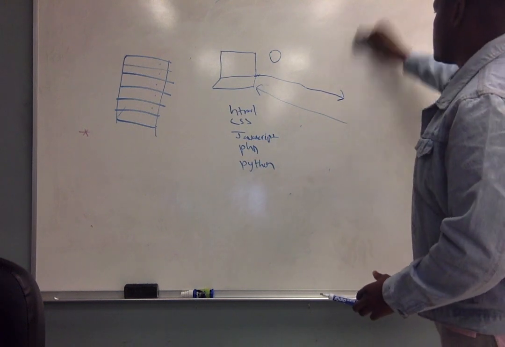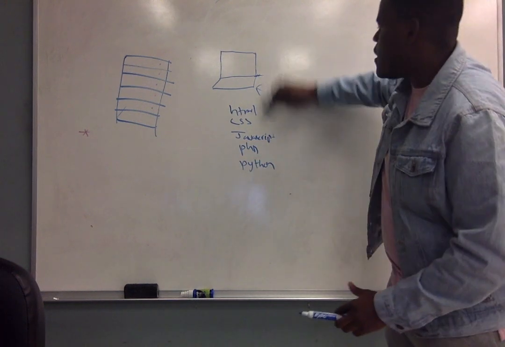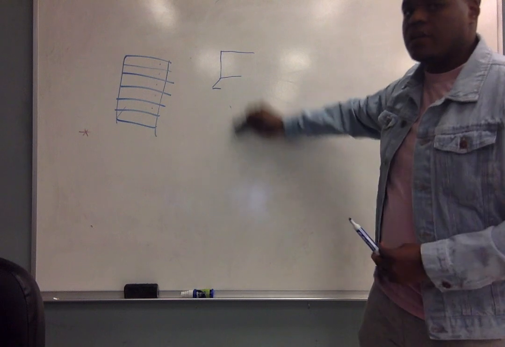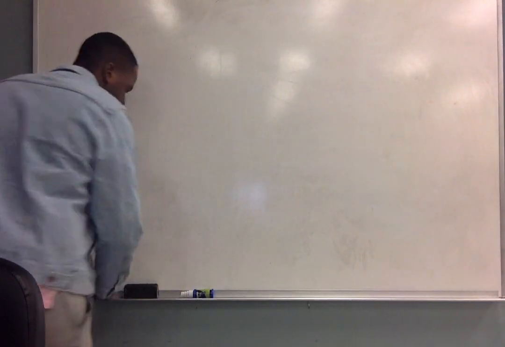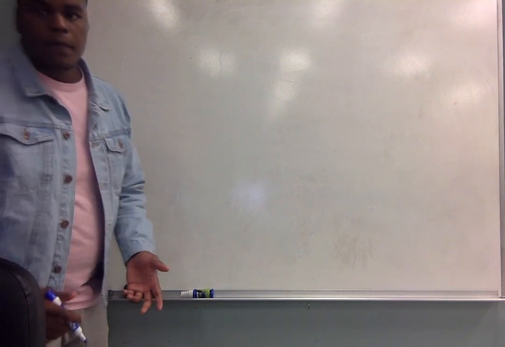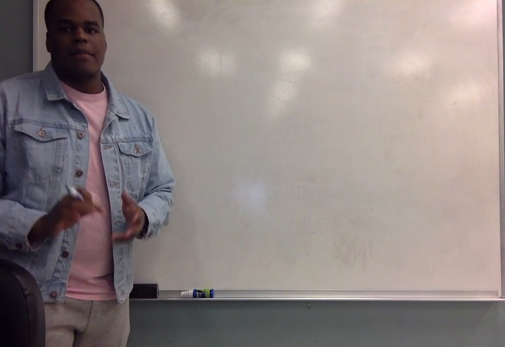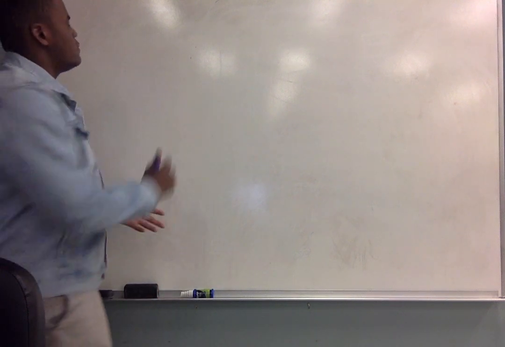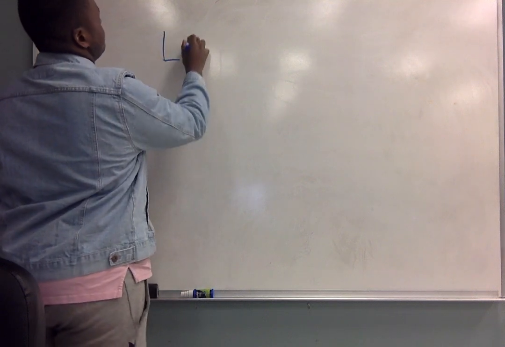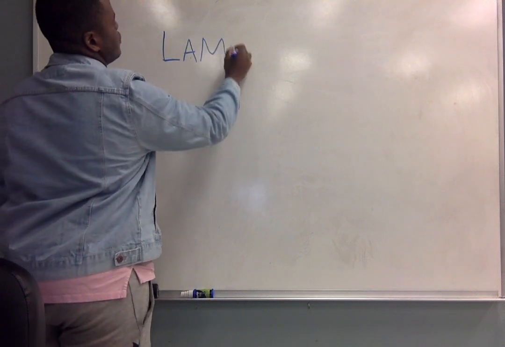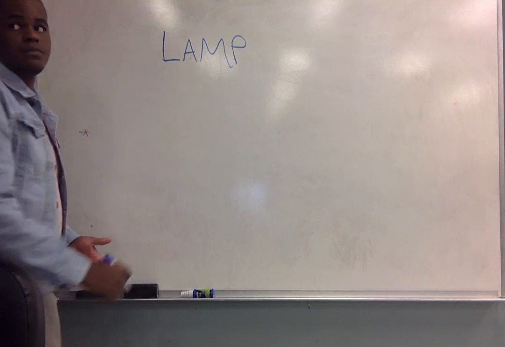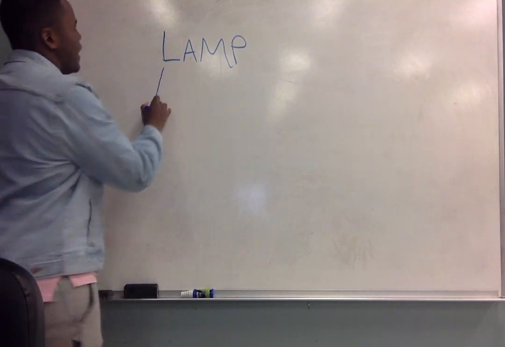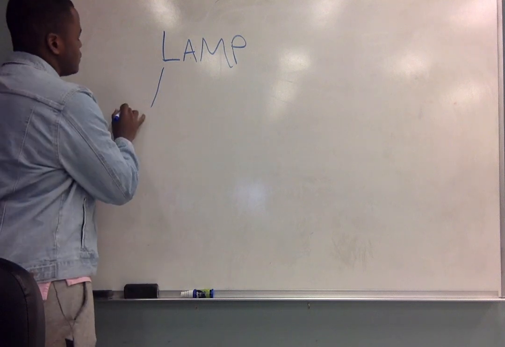So getting further into it, let's talk about what exactly we'll be building today. We'll be building a web server, but this is a LAMP stack server. This is an acronym, so each of the letters breaks into something different, and I'll explain each of them. The L stands for Linux.